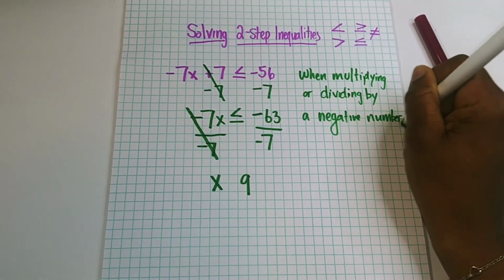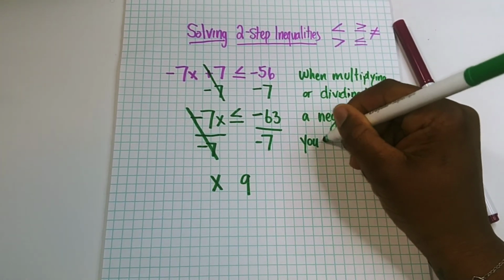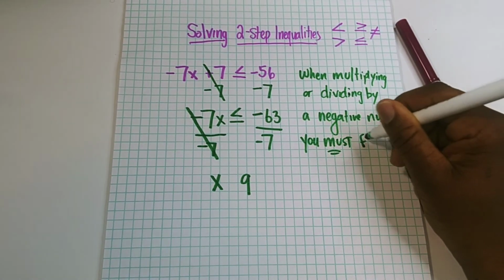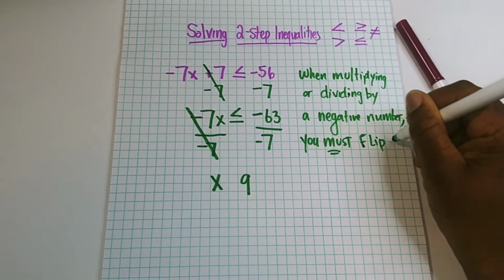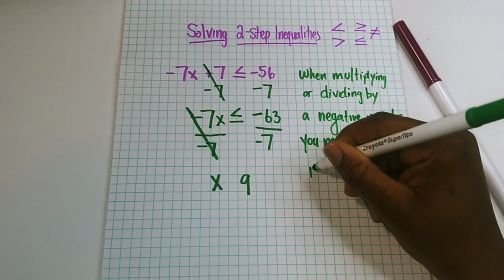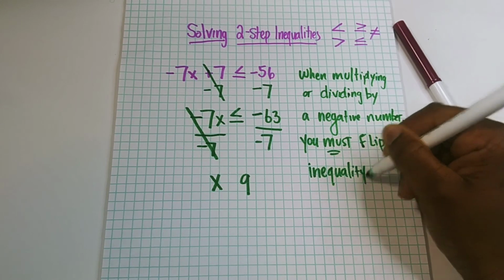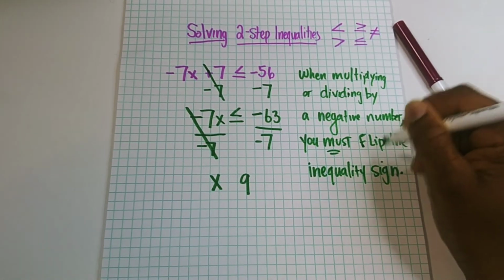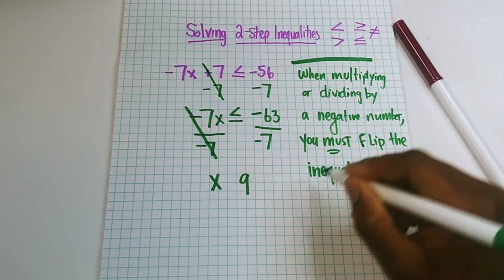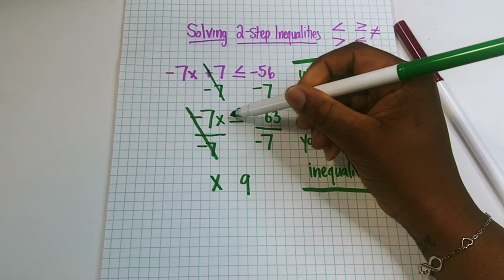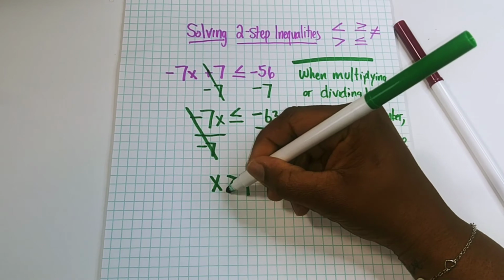If not, that's what we're here for. You must flip, reverse, change, however you want to put it, the inequality sign. Again, this is something that people always forget to do. And in this case, I'm going to go ahead and flip this from less than or equal to, to greater than or equal to.